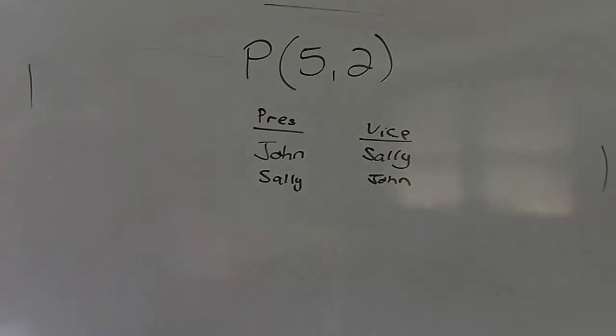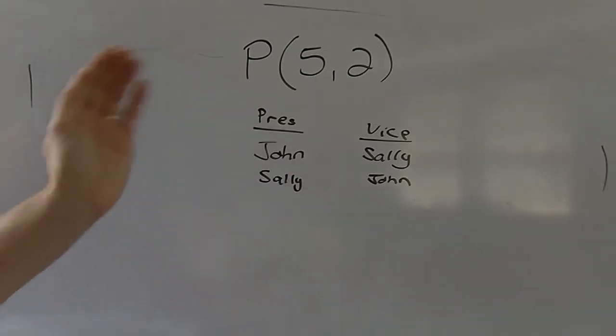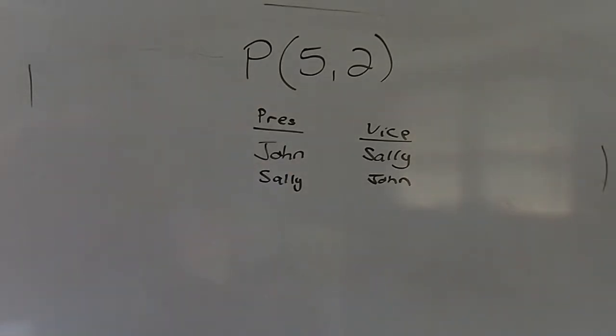Somehow the order is going to affect either what order you're batting in, what position you're holding, something along those lines. So another example of a permutation would be batting order in a baseball or softball game. Whether or not you're batting first, second, third, or fourth, in a lot of ways dictates your role as a batter on the team, because a lot of times the third and fourth batter are considered the cleanup hitter.